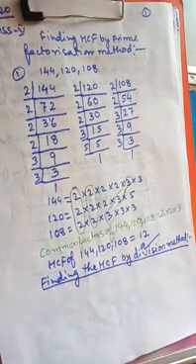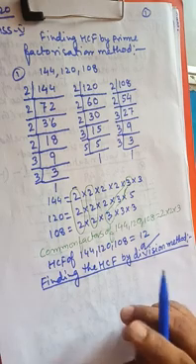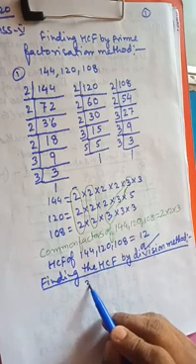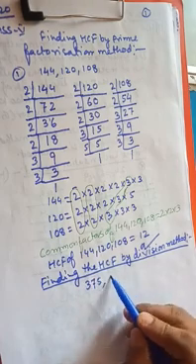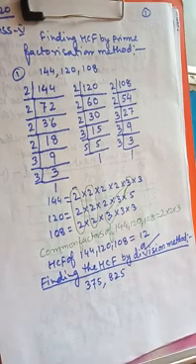Now take any two numbers, I am taking two numbers, that is 375 and 825.